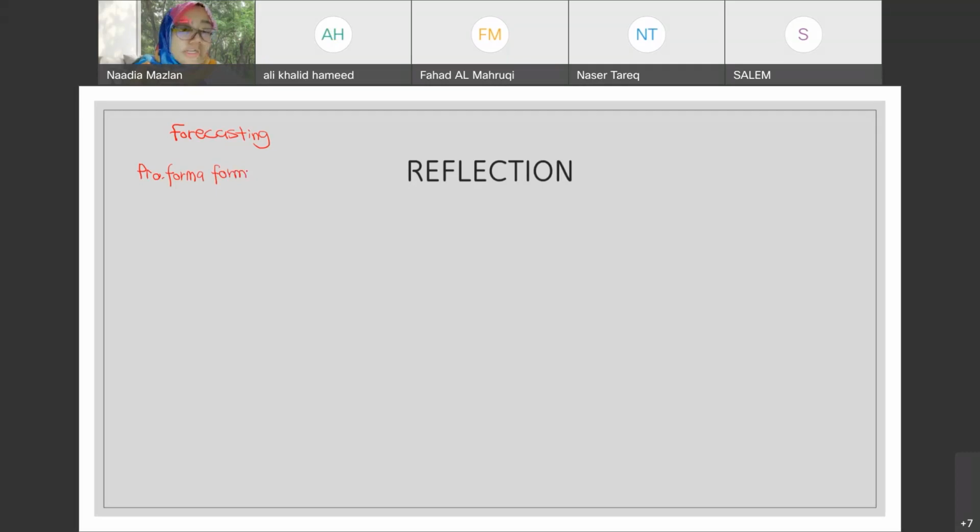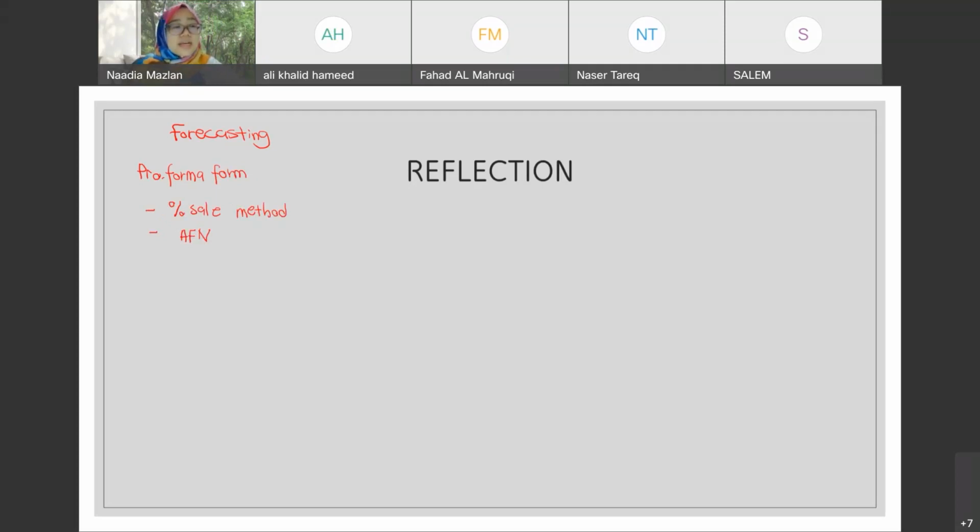In order to do this pro forma form, there are 2 ways of doing it. The first one is using the percentage of sales method. The second one is the additional funds needed, AFN.